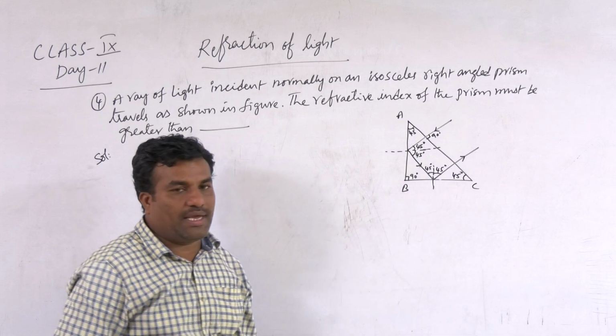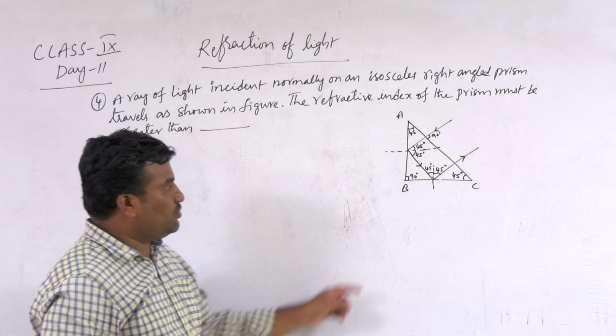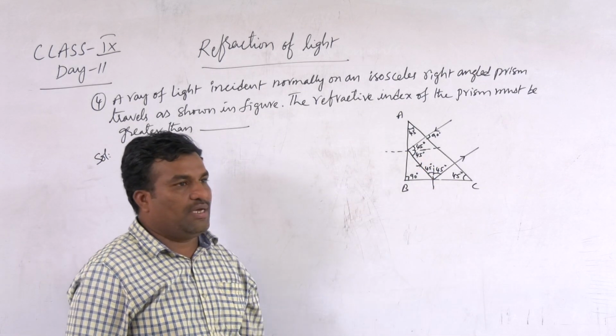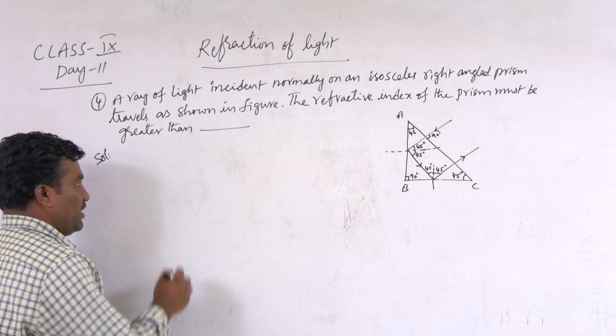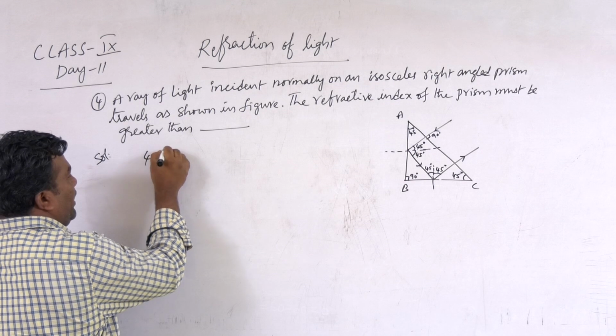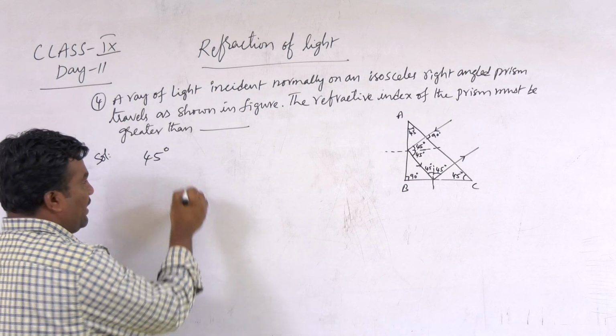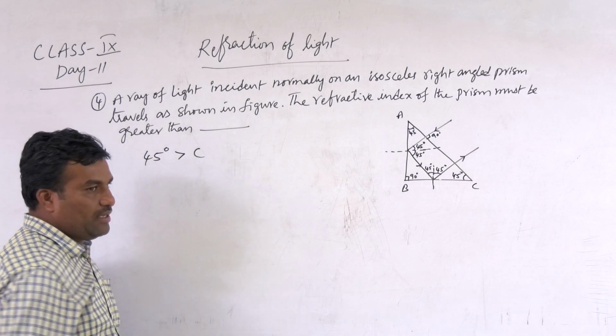It is total internal reflection. So we are observing 45 degrees here. At 45 degrees, there can be total internal reflection. That's why the 45 degree angle is greater than the critical angle.